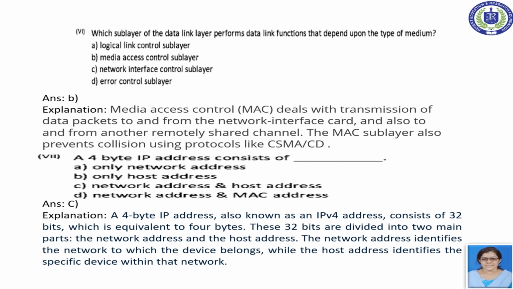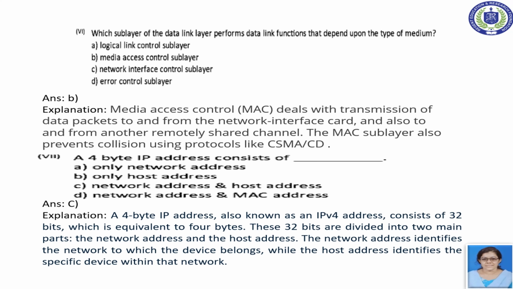Next question. Which sublayer of the data link layer performs the data link functions that depend upon the type of medium? That means which sublayer in the data link layer depends upon the type of medium? Obviously the main part here is media, that means media access control.